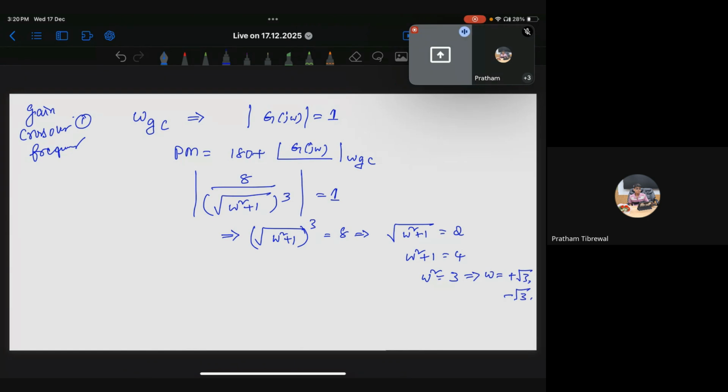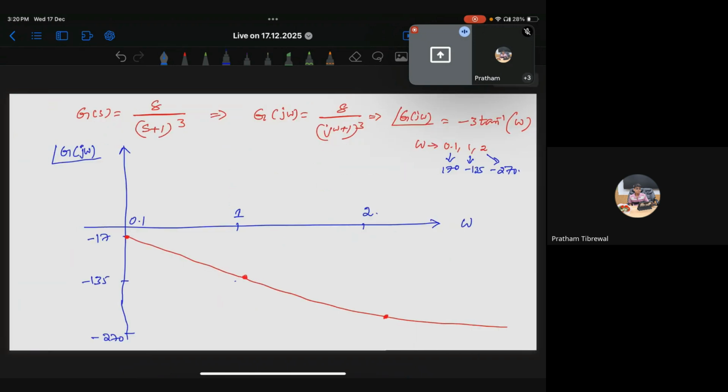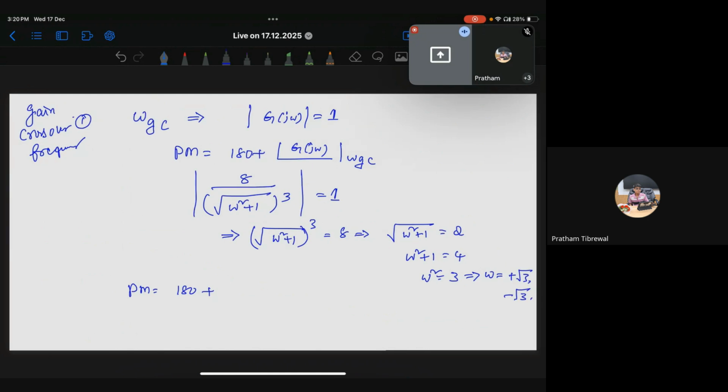Then the phase margin is 180 plus the angle, which we have already calculated as minus 3 tan inverse omega. Taking only the positive value, root 3, we get 0 degrees.